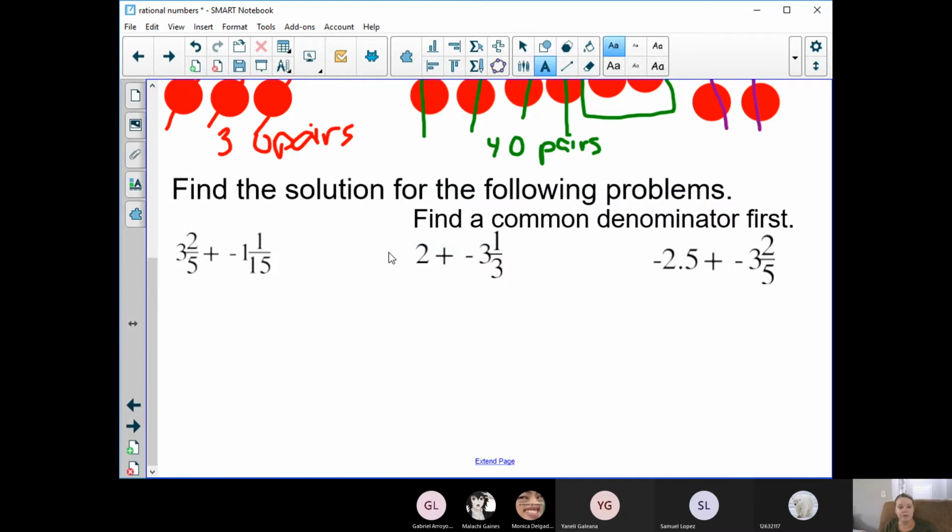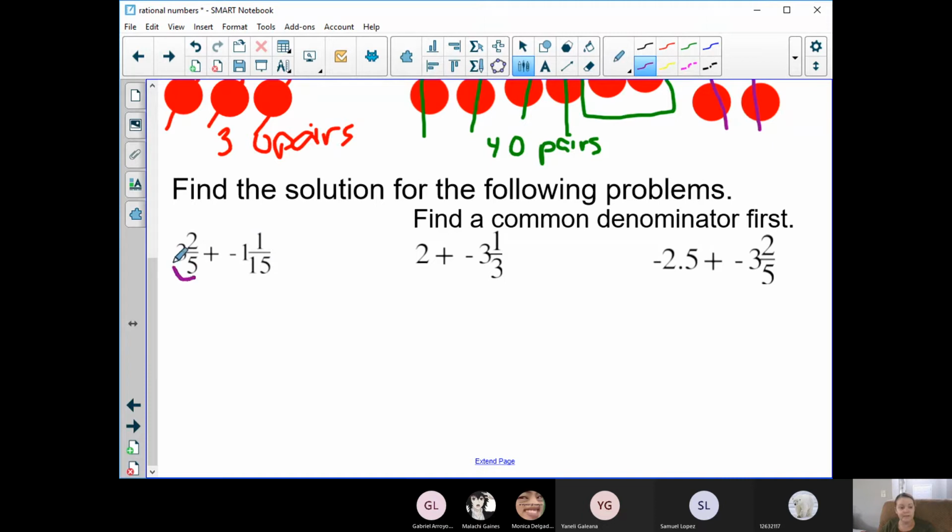So let's take a look at this first one. 3 2/5 plus negative 1 1/15. So I can't just add these together because 5 and 15 are not the same number. So the first thing I want to do, just to make it a little easier for me, is change these into improper fractions. They're already mixed numbers.